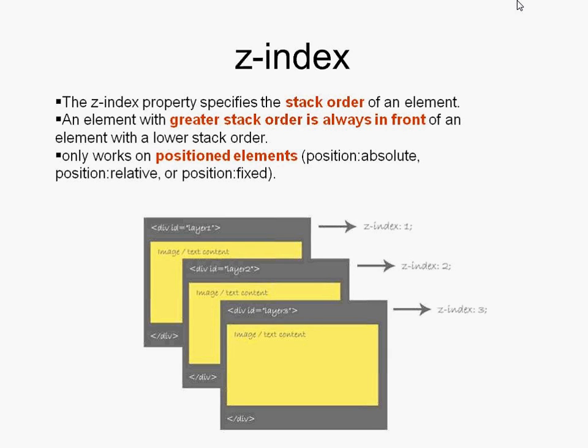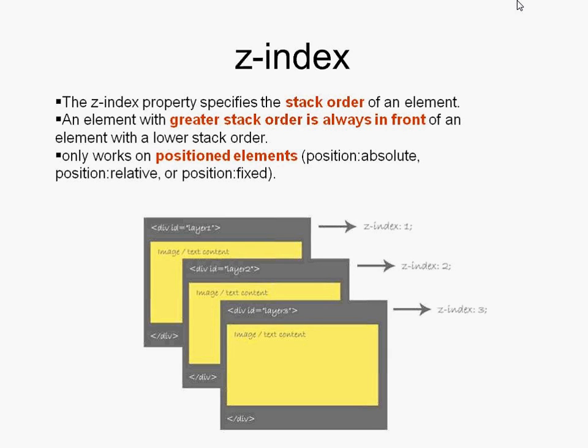A higher Z index will come on the top of each and every layer, so the stack order is always in front. And then the condition, the if condition for it: the Z index property inside CSS only works for elements which have a non-static position.